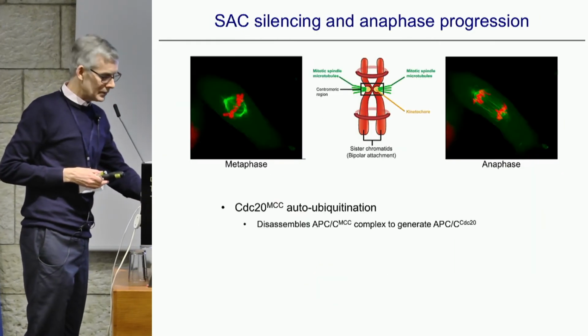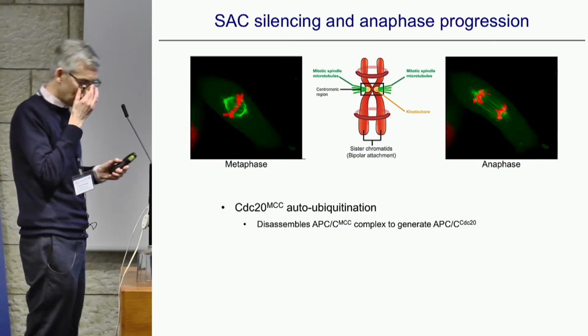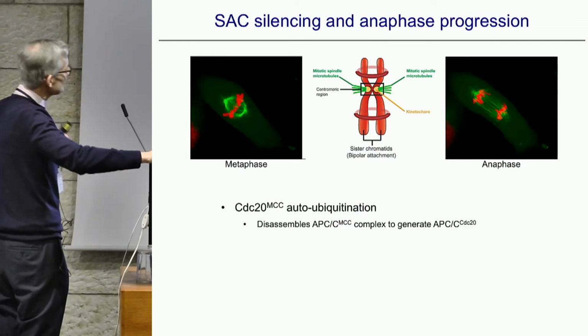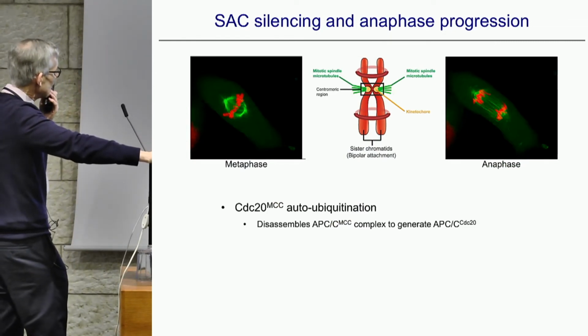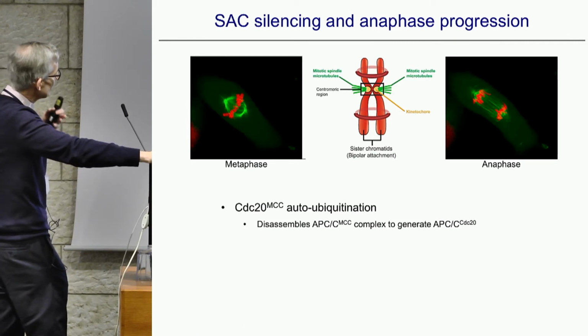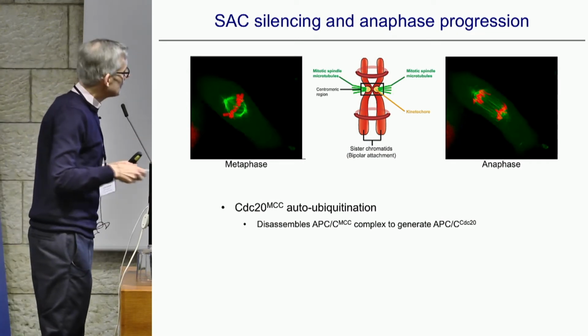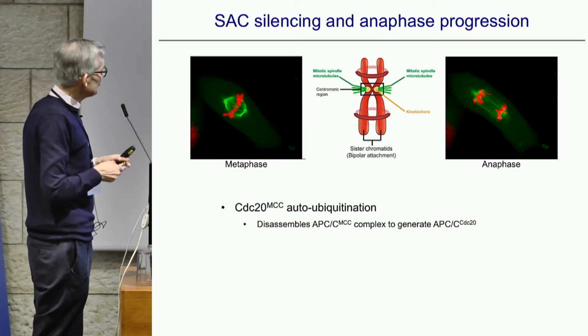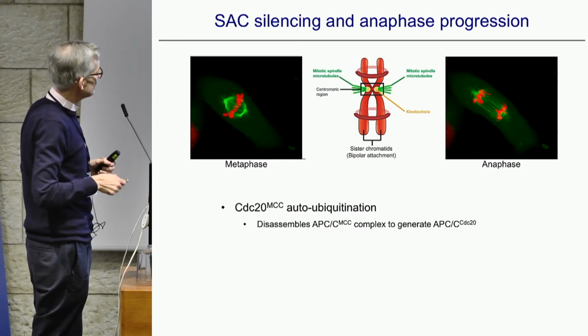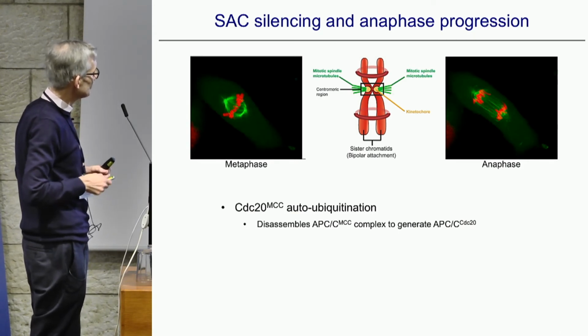So in the last 10 minutes or so, I want to also talk about another mechanism by which the SAC is silenced and the APC is reactivated in mitosis. I described how MCC ubiquitination can activate the APC due to disassembly of the APC-MCC complex.